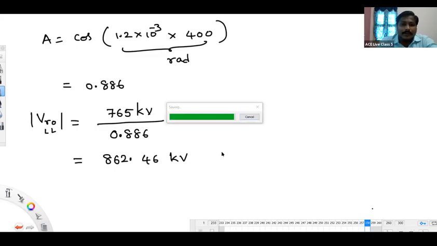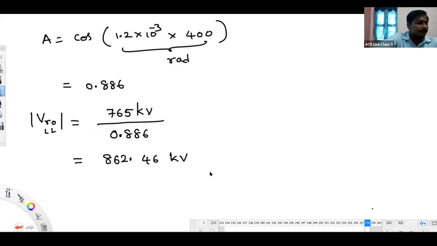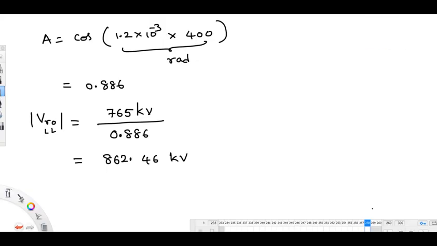If you have any doubts, you can raise your hands now. Sir, in this sum, A equal to cosh γL, how did you take it as cos βL?